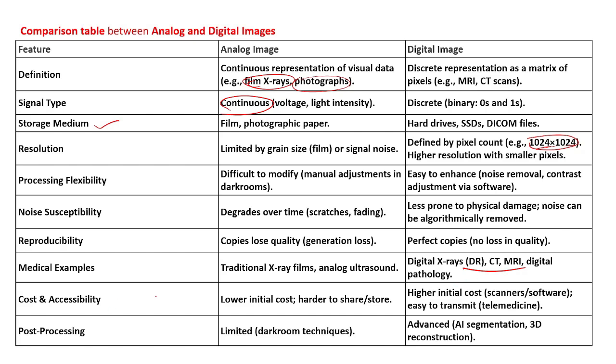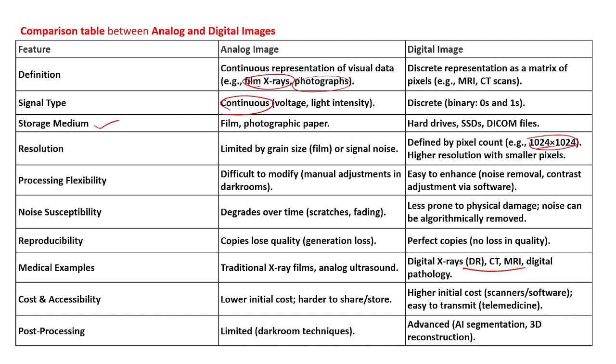So, cost and accessibility: analog has a lower initial cost but is harder to share or store. The initial cost is low, but storing or saving the contents of analog images is very costly and harder. At the same time, the initial cost of digital image processing is higher if you buy digital cameras or computers, but digital images are easy to transmit and easy to store.